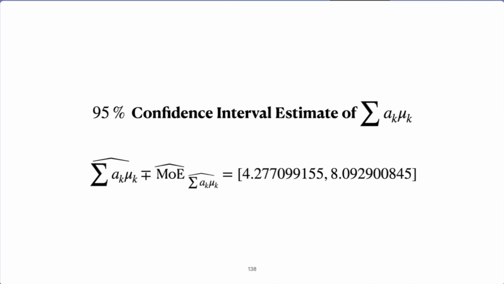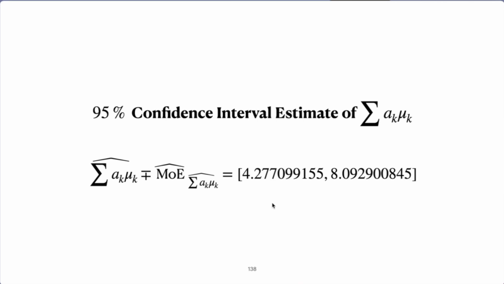Doing this calculation, the estimated difference between the arithmetic average of the 4 active treatment means and the control mean is somewhere between approximately 4.277 and 8.093. I've got the full expressions here for display purposes.